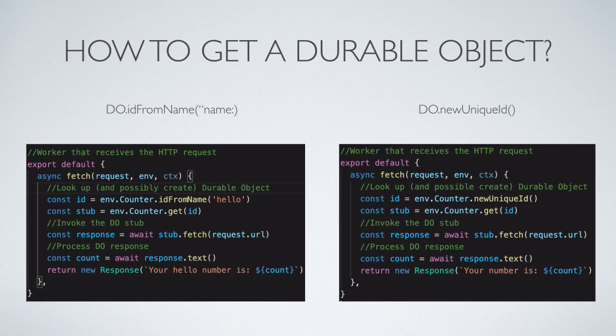The newUniqueId method will create a Durable Object with, surprise, surprise, a unique identifier. The most important thing here is that it creates that object as close as possible to your user.